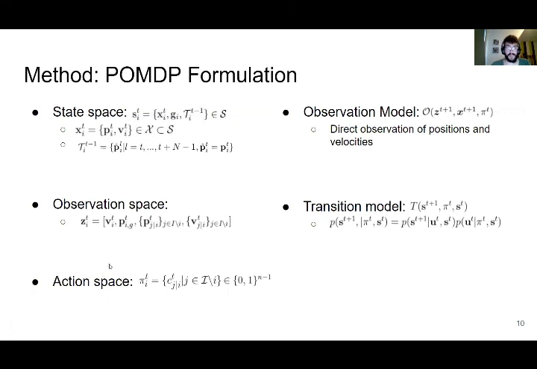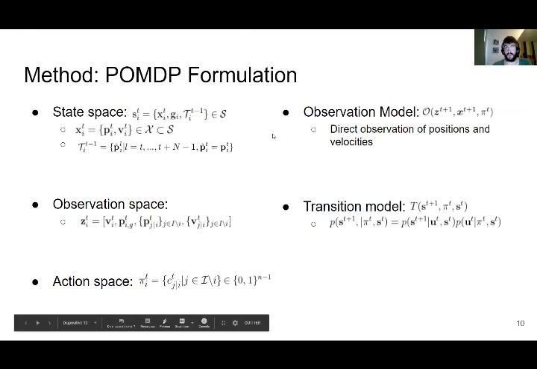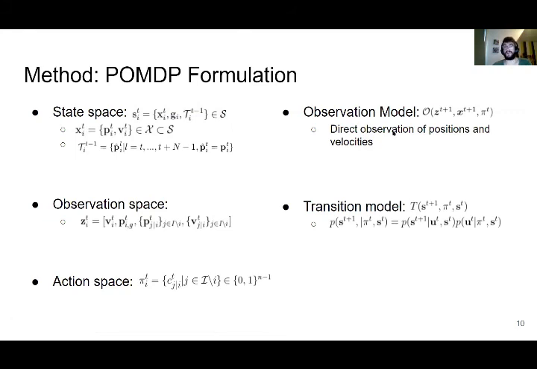The action space is of course the communication policy. For the observation model, we consider that we can directly observe the positions and velocities of other robots, and the transition model is composed by the effect of our communication network on the computation of control input, and the effect of the control input on the transition from state st towards the state st+1.